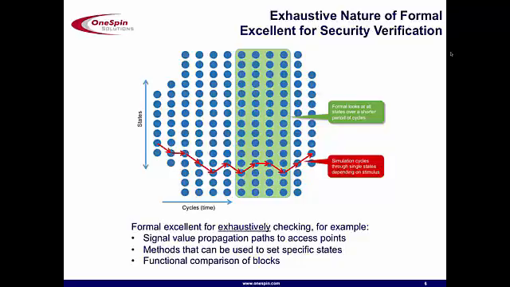So if we look at a device, where is it that formal can be used, and what kind of properties can we create to actually allow for a full secure check of a device?